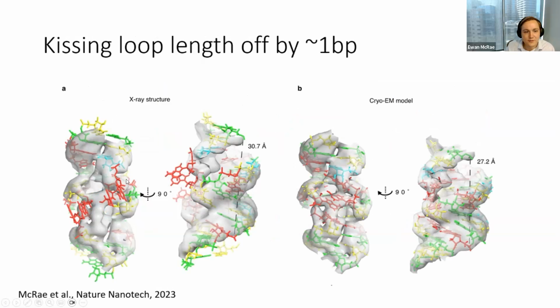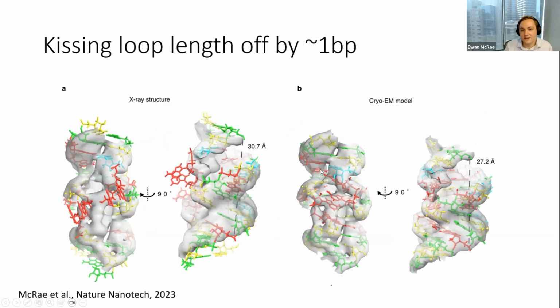And importantly, if we look at the X-ray structure in our map, we clearly don't see any density for these bulged out adenines. And if we look at the distance between adenine 1 of the motif and then 3 bases after the motif, we have this distance of 30.7 angstrom. Whereas if we look at the same phosphate distance in our cryo-EM model, it's closer to 27 angstrom.